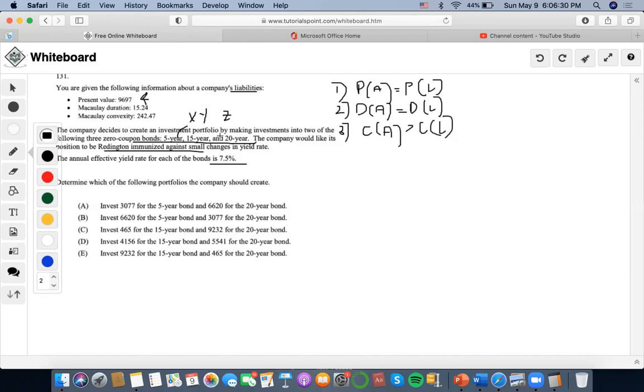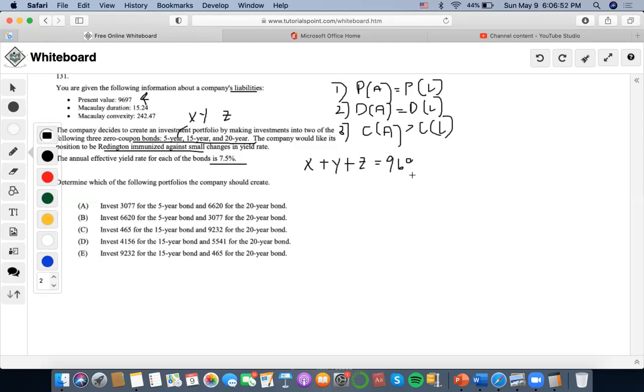We usually just add up their face values to determine if their present values equal 9,697. So we're first going to do this case of X plus Y plus Z equals the present value of 9697.